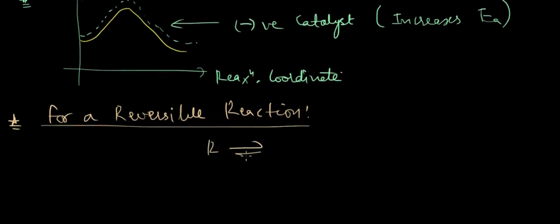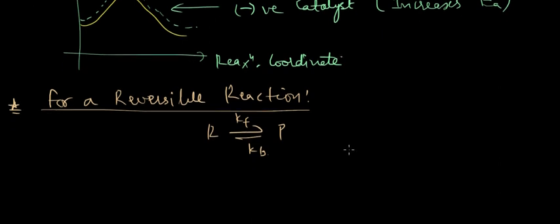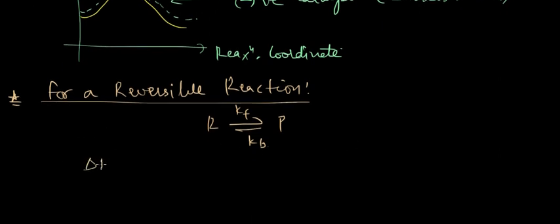Next, for a reversible reaction, as reactants get converted into products, we have kf and kb as the rate constants for the forward and the backward direction. We can say that delta H or delta E would be equal to EA of forward direction minus EA of backward direction.